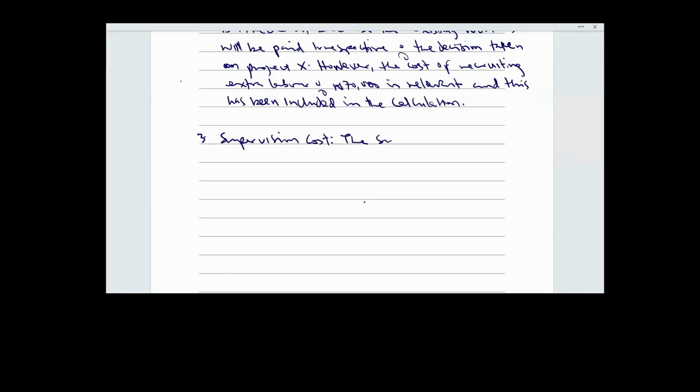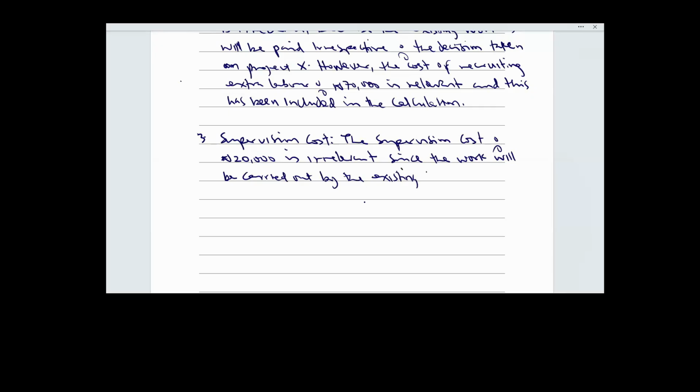The supervision cost of 20,000 naira is irrelevant since the work will be carried out by the assisting staff with their normal duty. Okay, so that's that. It's irrelevant.